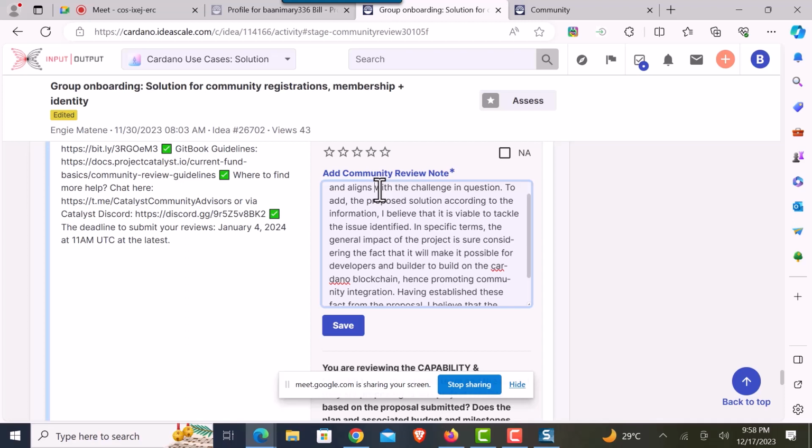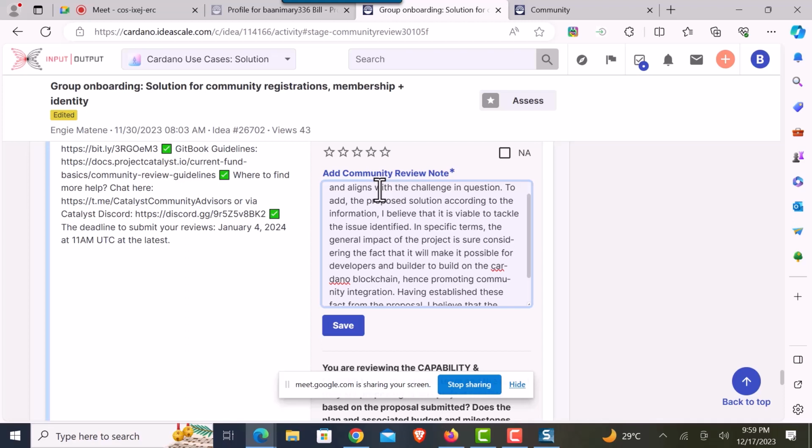If the negatives are more than the positives, you can give maybe 2 stars. If you weigh and they are equal, you can give neutral. If the positives are more than the negatives, you can give 4. This will depend on you and on what you have provided in the assessment content.